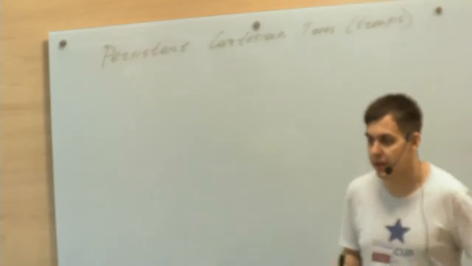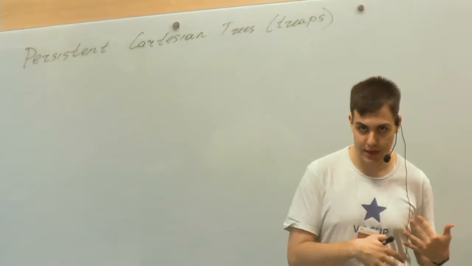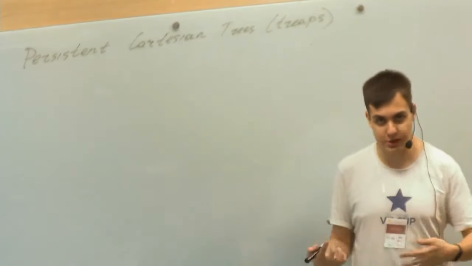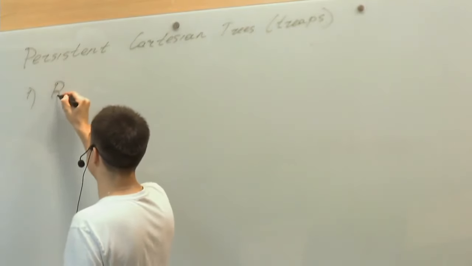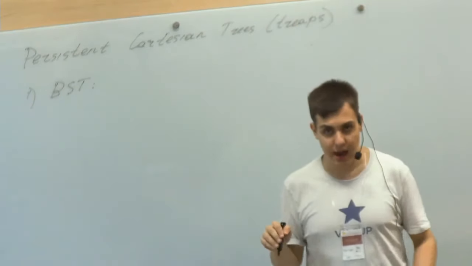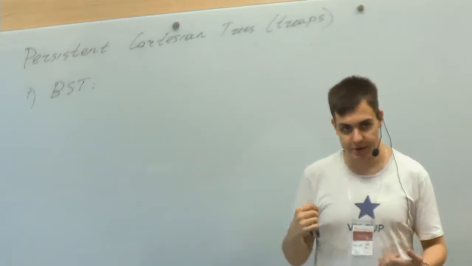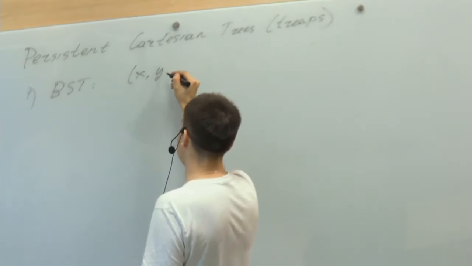A Cartesian tree is either a binary search tree or a way to store a sequence. If it's a BST, then each node has a key value and a priority value. X is the key and Y is the priority.